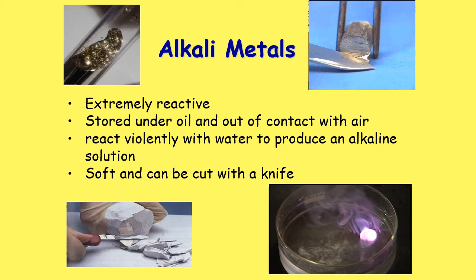In that bottom right-hand picture, you can see that's potassium reacting, and it produces this purple flame. But some of the metals further down the group react even stronger, and some might even cause that container to explode. They react so violently.